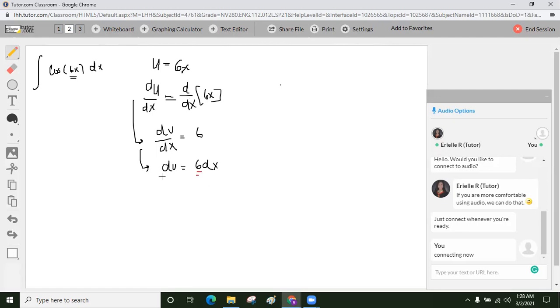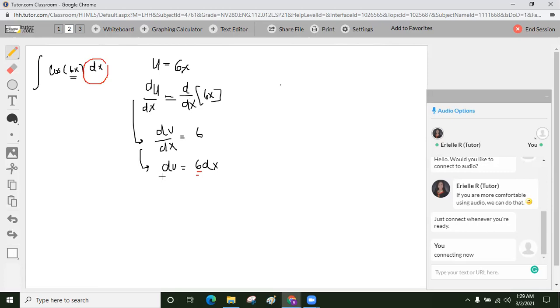In the original function that we have, we do not have a 6 multiplied to cosine 6x. The only thing that we have in our function is dx right here.